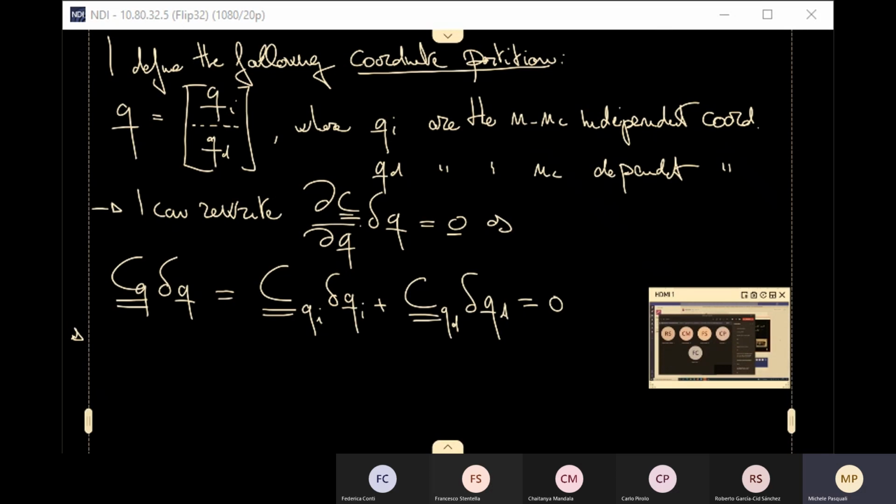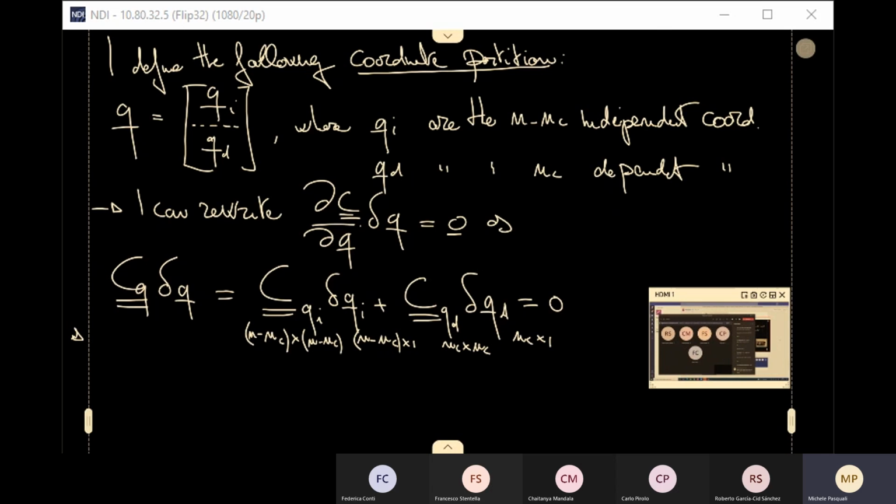And since this is an n minus nc vector times 1, this is, of course, what? An nc times n minus nc matrix. This instead is an nc times nc, and this is an nc times 1 vector.